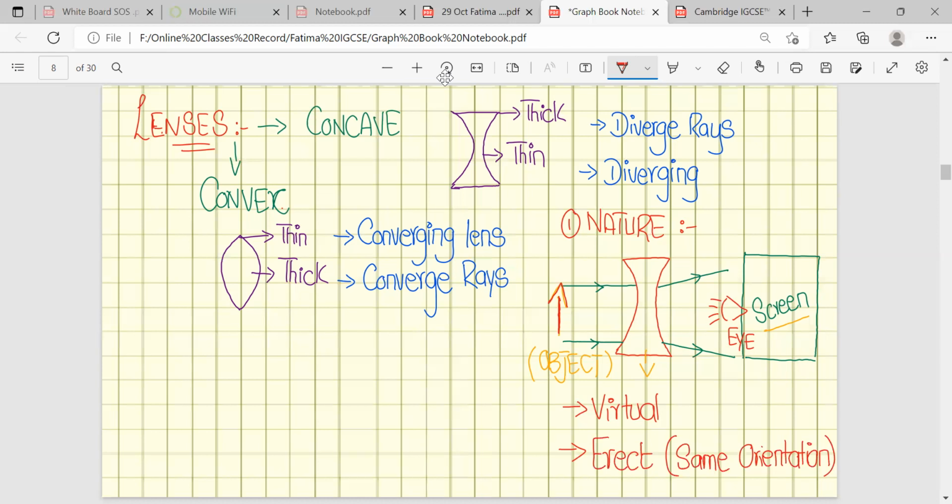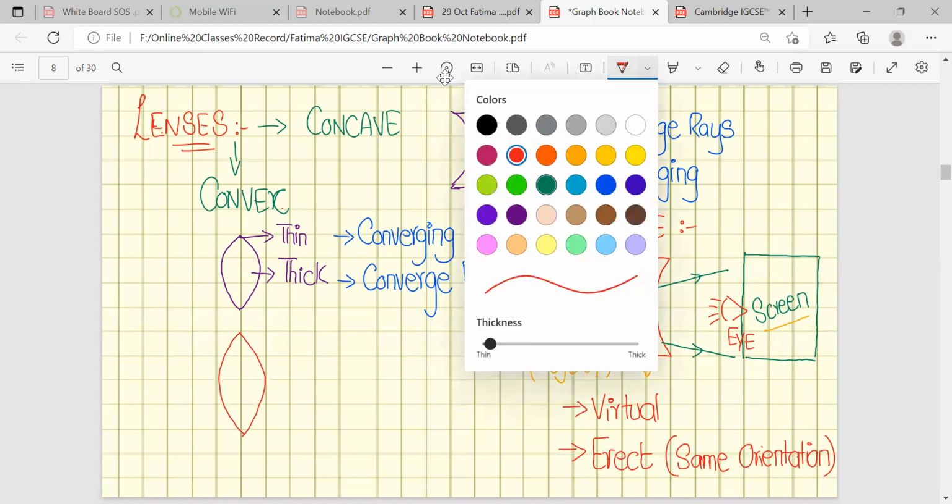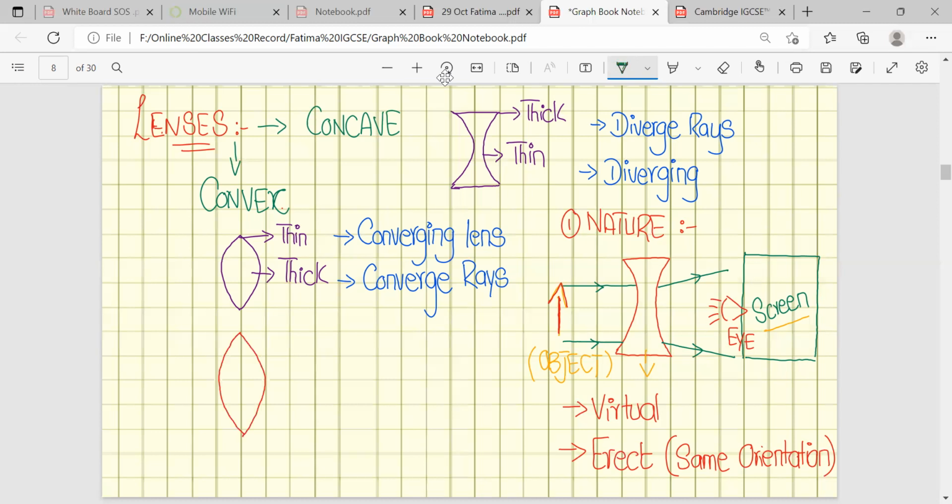So when we pass light rays through the convex lens, this is a convex lens, and there is an object placed at some distance, and light rays are passing through it. Let's suppose we consider only two light rays passing through the lens.